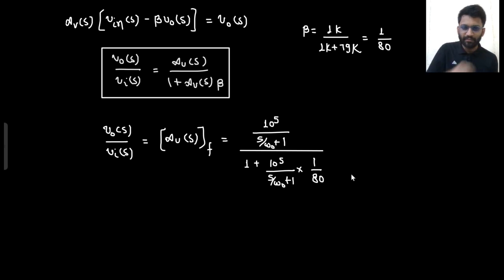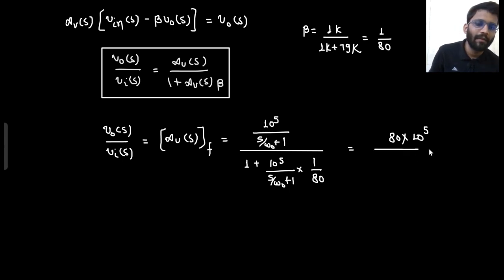Right? Any issue? No issue. So now what I can write is 80 into 10 to the power 5, divided by 80 into S by omega naught plus 1 plus 10 to the power 5.